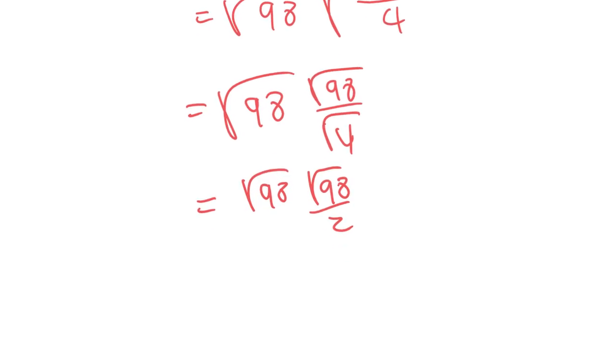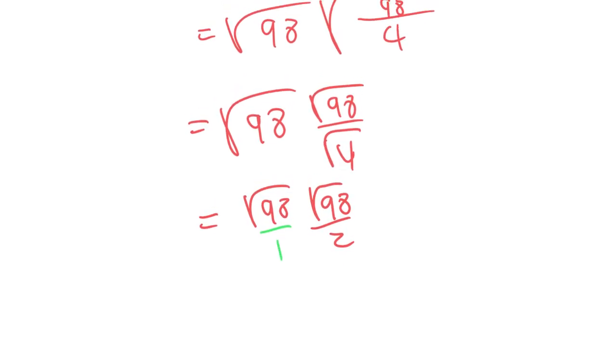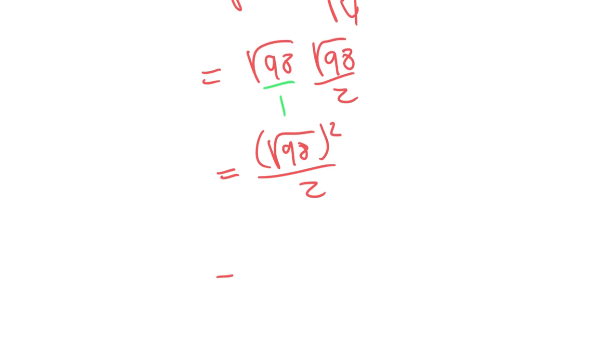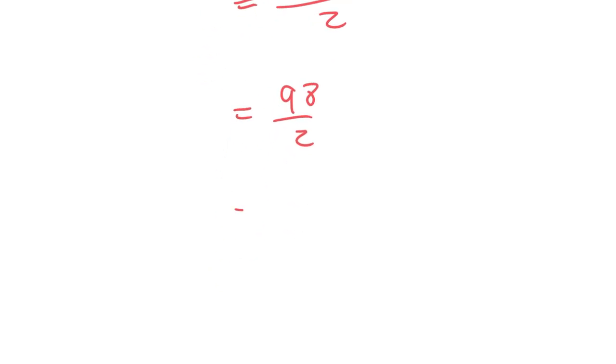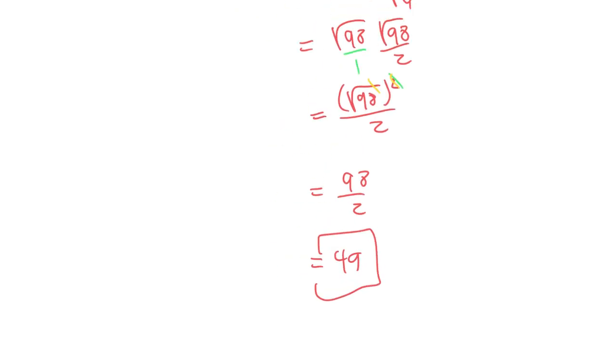And then we could remember, oh, there's a 1 here. So then we could be like, okay, cool. Radical 98 squared over 2. Okay, this squaring action cancels the radical, leaving us with a 98 over 2. All right, what is that? 49. That's the answer.